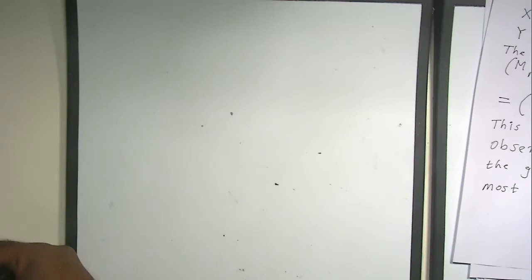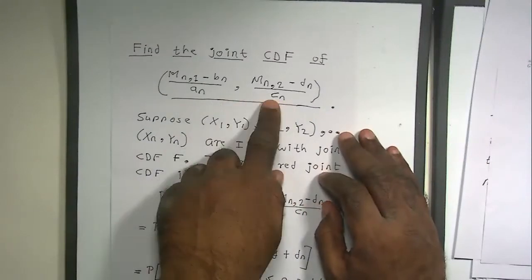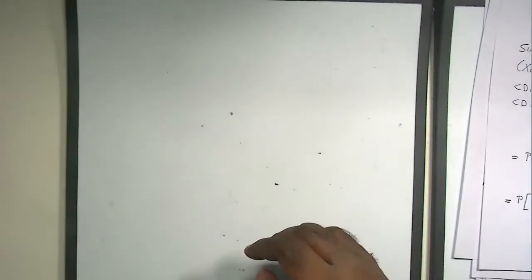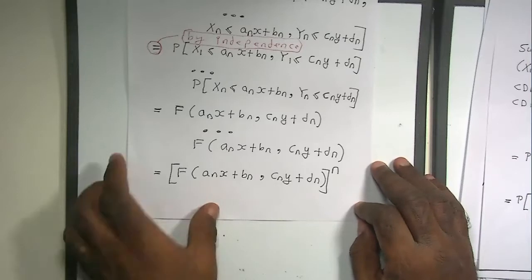And then I talked about finding the joint CDF of this pair here, and after some calculations, it turns out that the joint CDF is equal to this one here, okay?